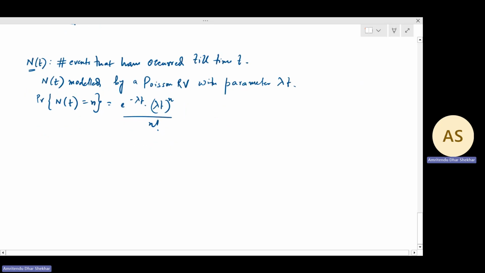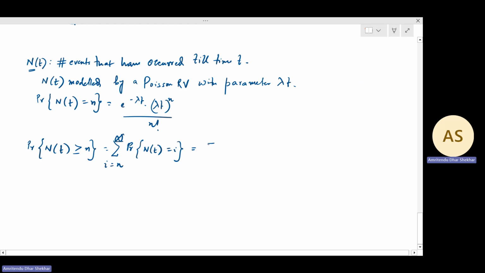Now, if we ask what is the probability that NT is greater than or equal to n, that is equal to the sum of the probability of NT equal to i, where i runs from n to infinity.